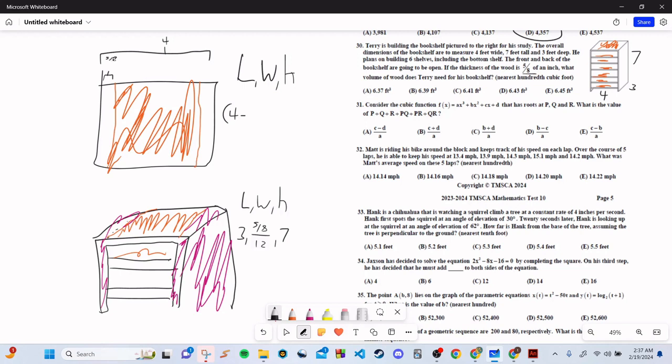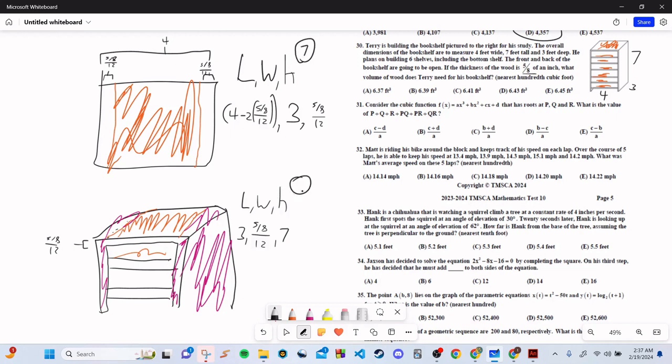So that's 5/8 over 12 here, and 5/8 over 12 here. So it's like 4 minus 2 times 5/8 over 12 feet. The width is going to be 3. And the height is going to be 5/8 over 12, like a little height like that. And again, we're going to have a total of 7 of those.